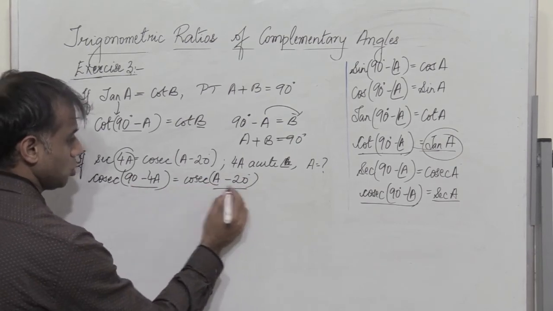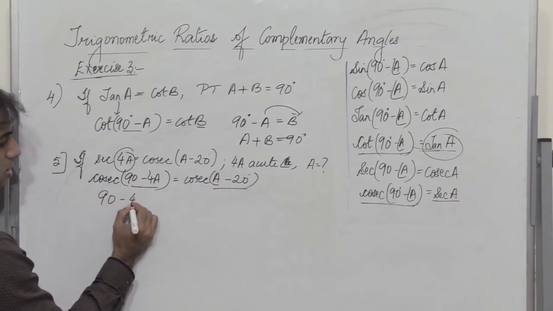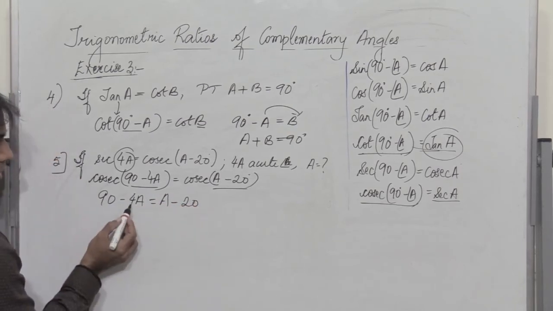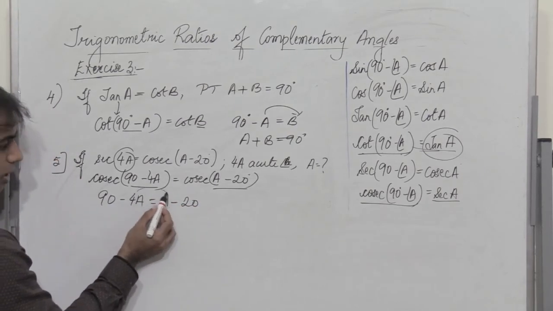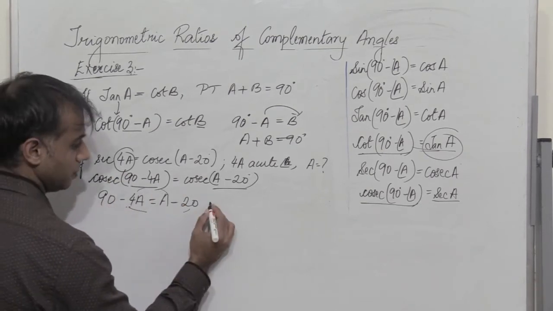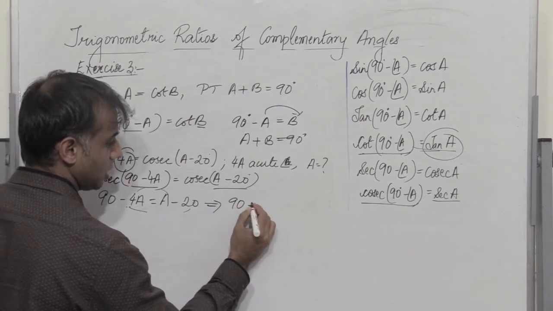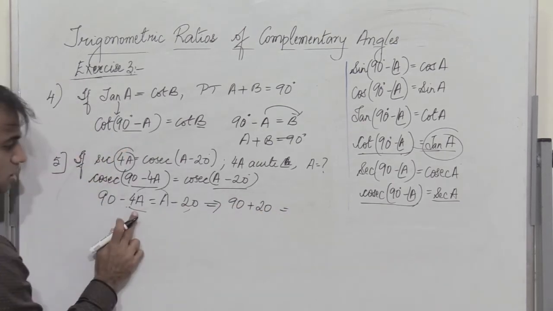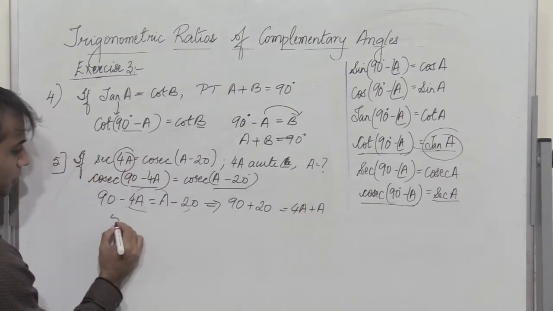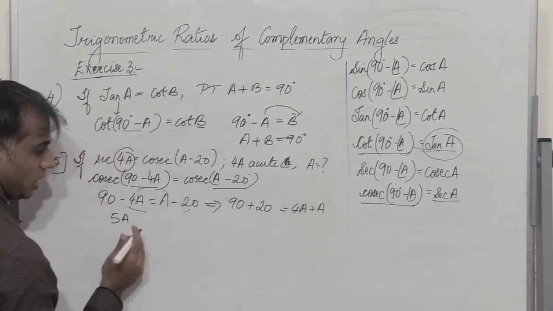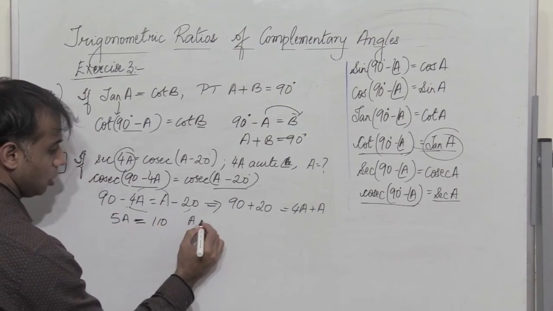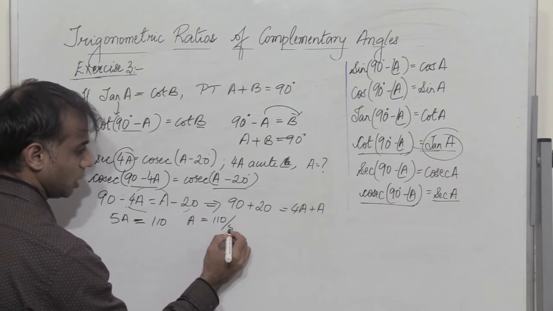So equate these two. I have 90 minus 4A equals A minus 20 degrees. Alright, let me take 4A to the RHS and this 20 to the LHS. So I get 90 plus 20 equals 4A plus A. So I get 5A equals 110, or A equals 110 by 5.